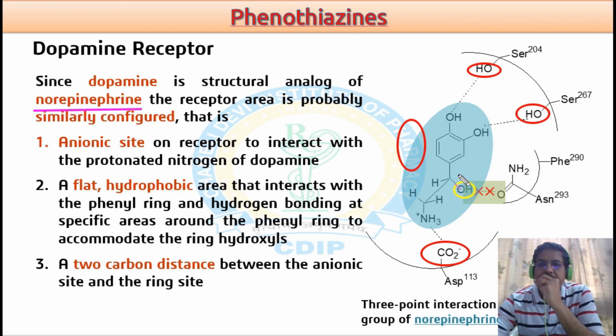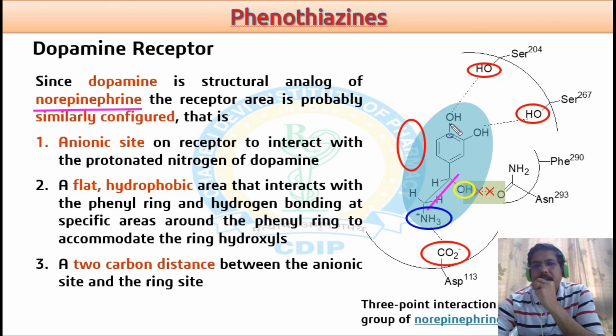Similarly, geometry wise, if you look, there is a bridge between the complementary zones present in the ligand. So complementary to this anionic site is the cationic site in the ligand.